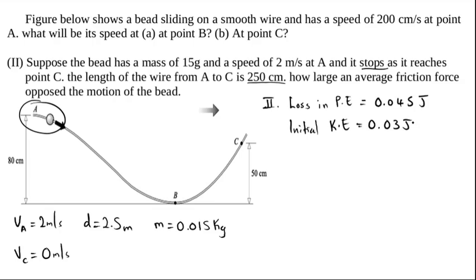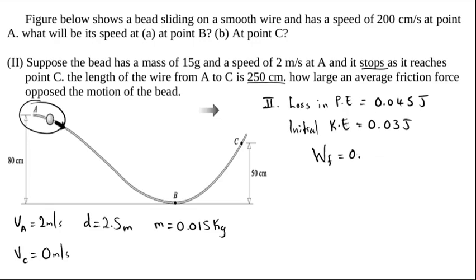Now to find the total mechanical energy lost to friction, because remember, the loss in potential energy was only one part, and the other is the initial kinetic energy of the object. So the total mechanical energy lost by friction is the sum of these two values. This means that the total work done by friction is equal to the sum of these two, like I said.